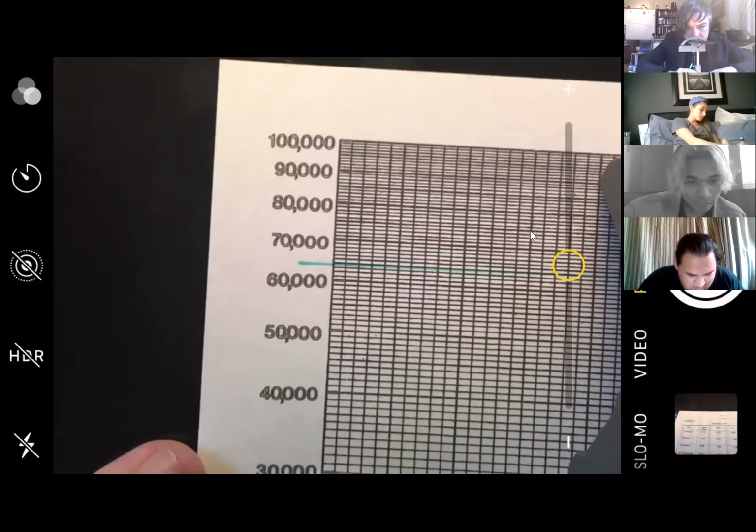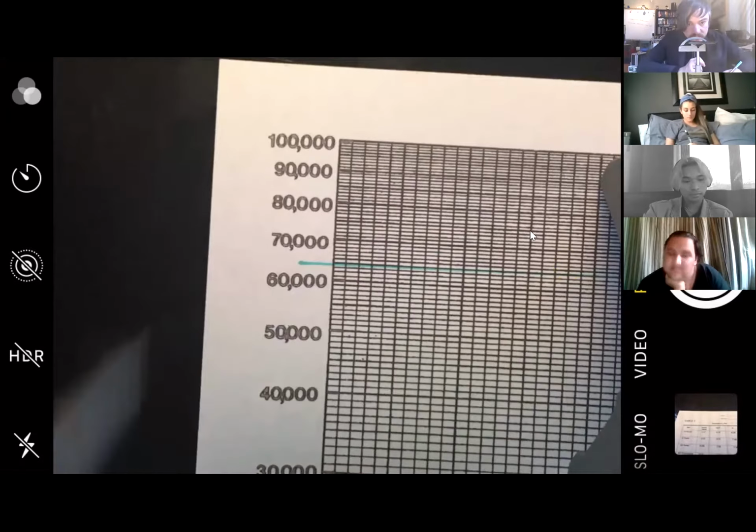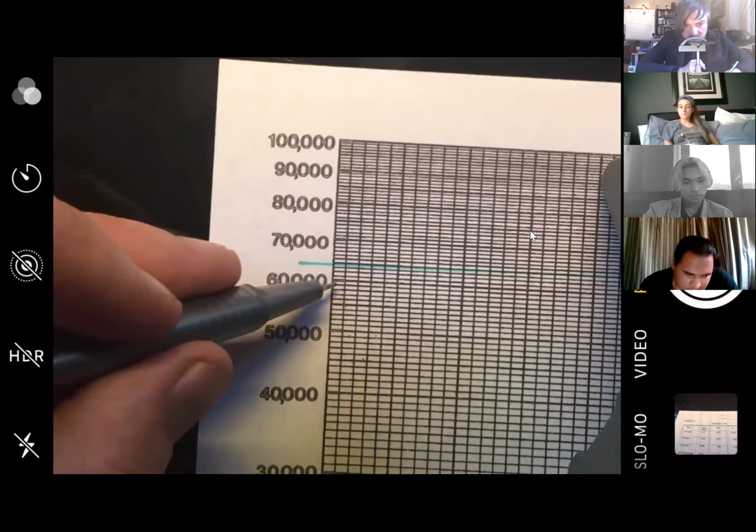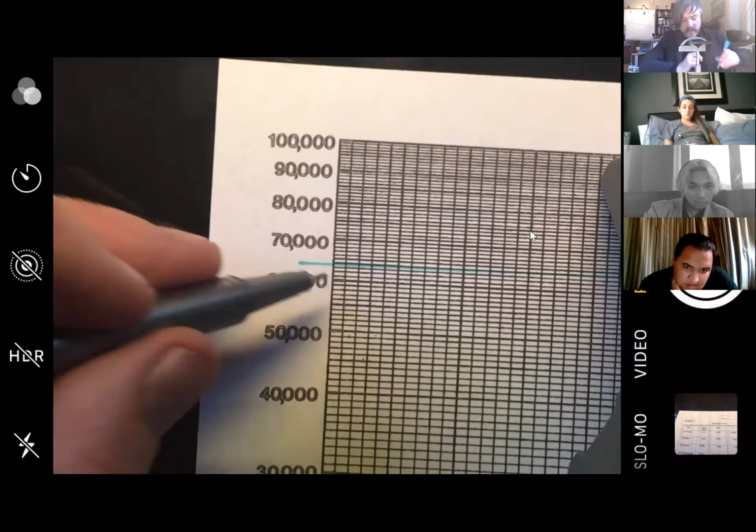What does it look like to you? These are all 1,000. So 60,000, 61,000, 62,000. Let's go with 63,000 parsecs.